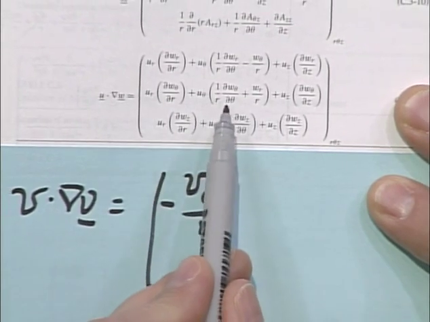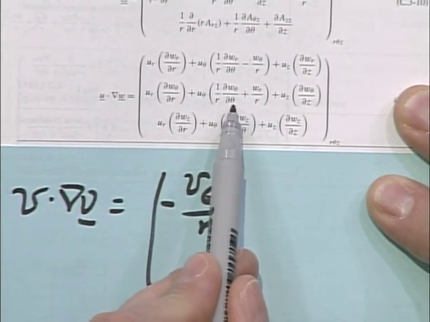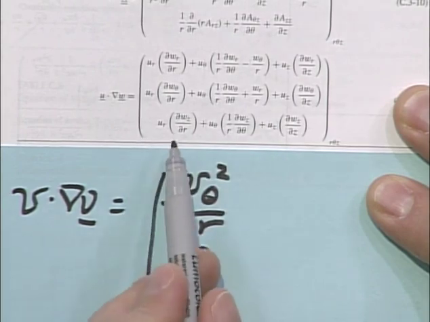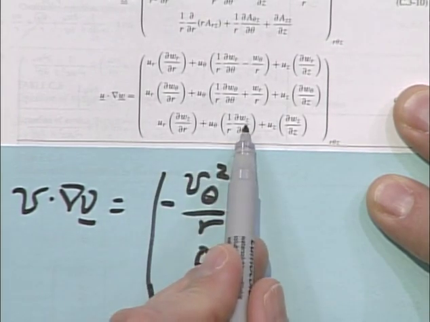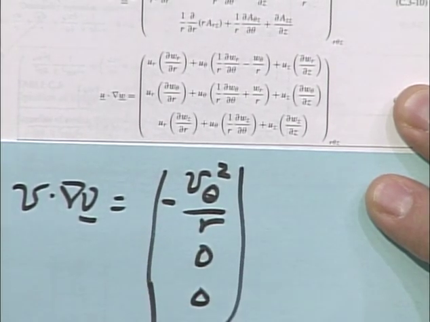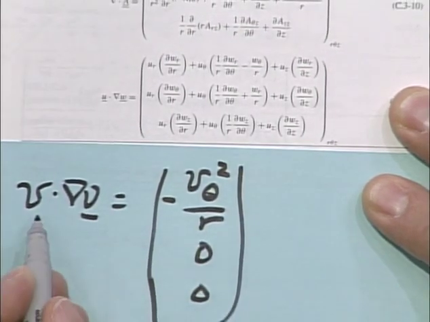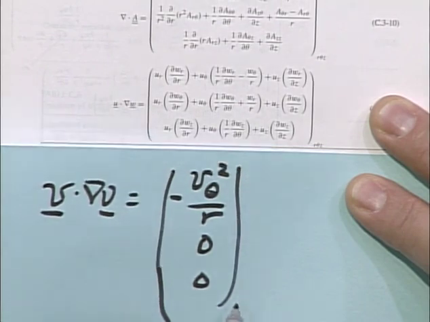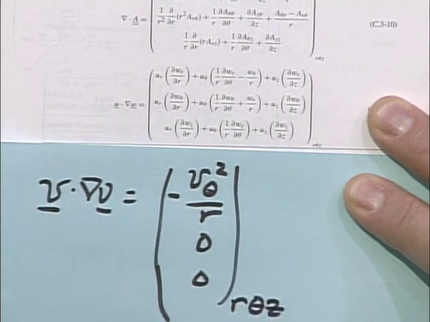This one's 0. This one is 0. Everything is 0 in the second line. v_z is 0 in the third. So now we have v dot del v is the same one that we had from the homework: minus v theta squared over r in the r component.